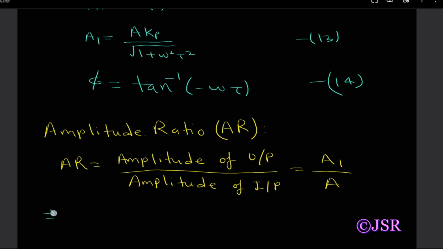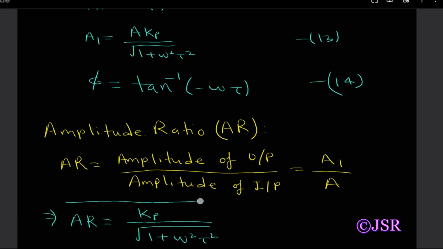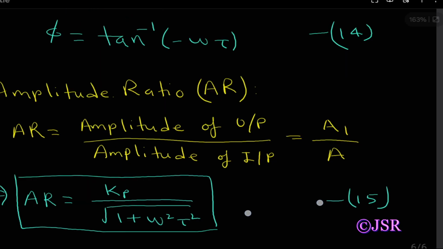And from equation number 13, for the first order system, the amplitude ratio will be Kp upon under root 1 plus omega square tau square, right? So this will be the amplitude ratio.